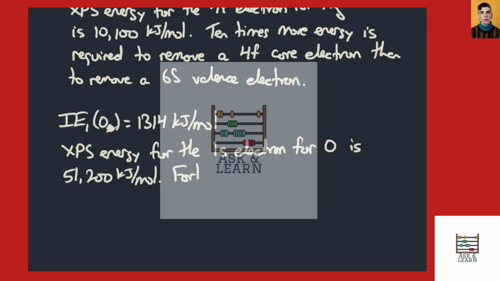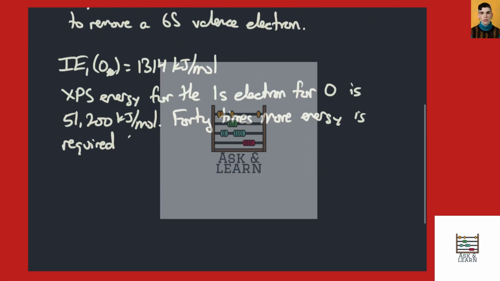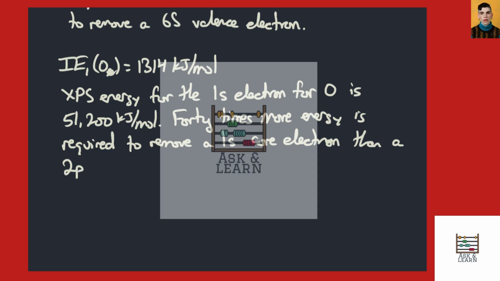Here we can see that 40 times more energy is required to remove a 1s core electron than a 2p valence electron.